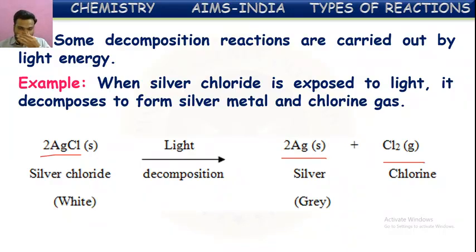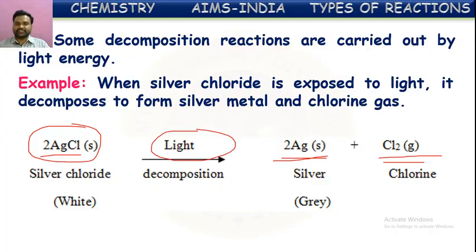So this is a decomposition reaction in which a compound splits into two simpler elements in the presence of light or sunlight. Hence this is called a decomposition reaction which occurs in the presence of light energy.